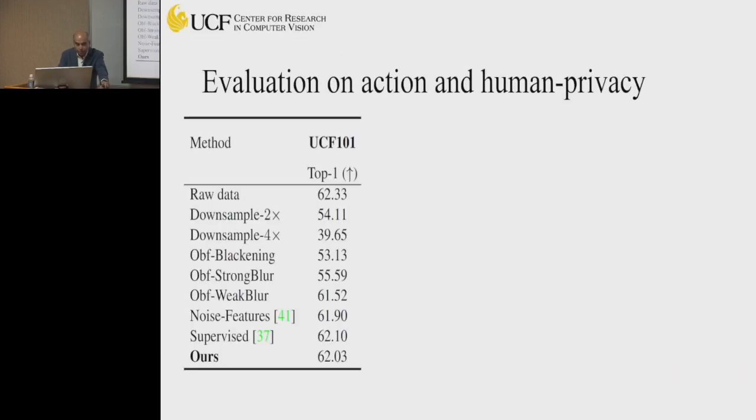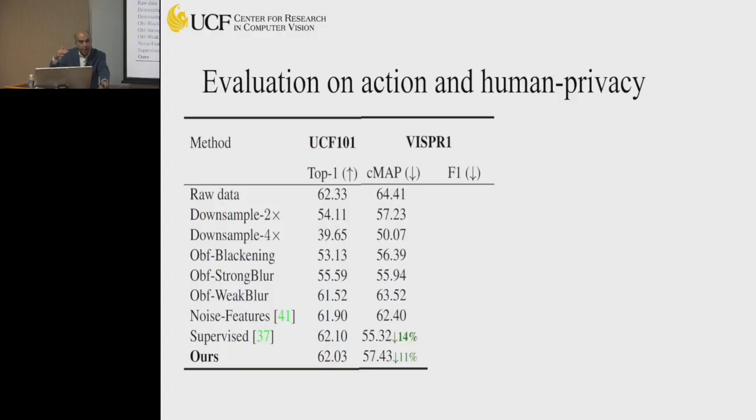If you take the raw data, this is the performance. If you anonymize, we get performance like this, which doesn't change much, which is good. At the same time we evaluate how well we detect privacy attributes. For CMAP and F1, we reduce it by about 14 to 11%, 15% compared to raw, which is what we want.